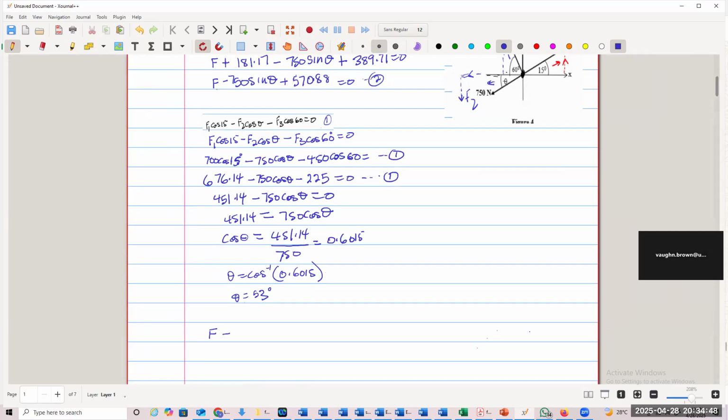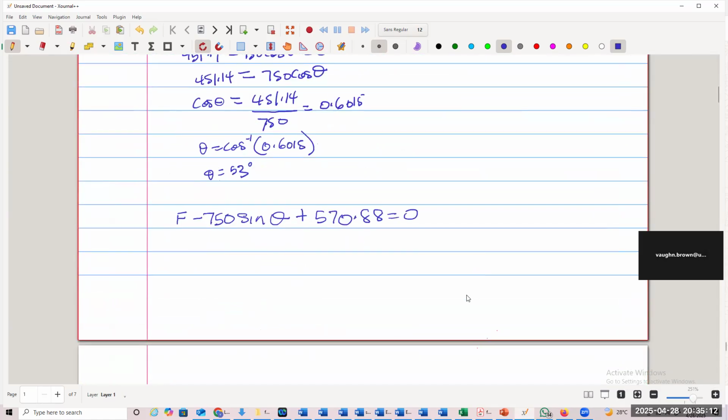All right, so the expression 2 simplifies and it gives you F sine theta, minus 750 sine theta plus 570.88 equals to 0. All right, now I can make it a little bit bigger now. All right, so you can follow. All right, we actually run out of space, but it's all right, it doesn't matter.